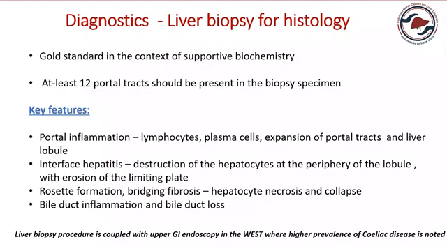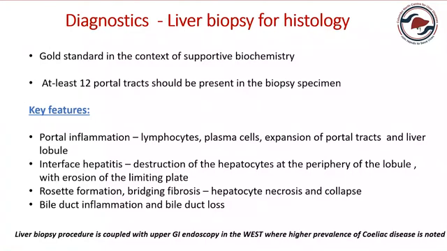In children, usually we encourage doing liver biopsy under anesthesia with the help of an interventional radiologist in the current setup. In the West, they do always couple this with upper GI endoscopy. The reason for that is in the West, they have a higher prevalence of celiac disease. So if there is a child who is suspected to have autoimmune liver disease in the UK, they would just plan upper GI endoscopy and liver biopsy together under the same anesthesia because of the higher prevalence of celiac disease.